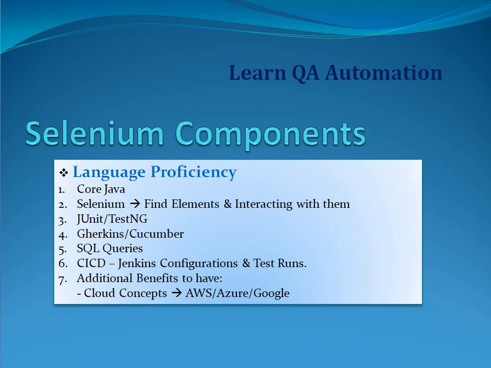Java is one of the most popular languages that it supports, along with C#, PHP, Python, and Ruby. With Selenium involved, there's JUnit, TestNG, or the Cucumber framework you could use. But overall, you need to know all of these because when you get into an interview, you might get a mix of questions from all of this.